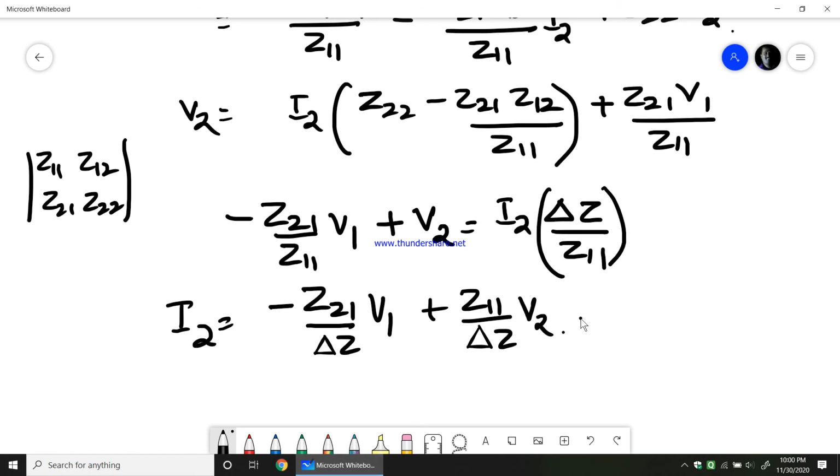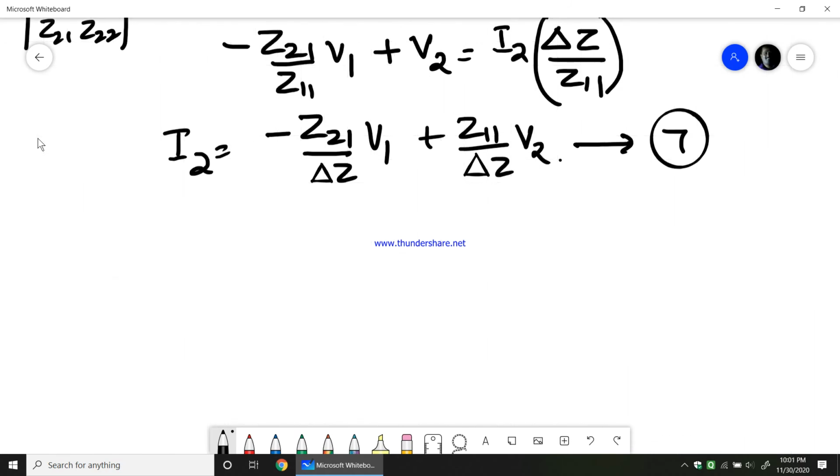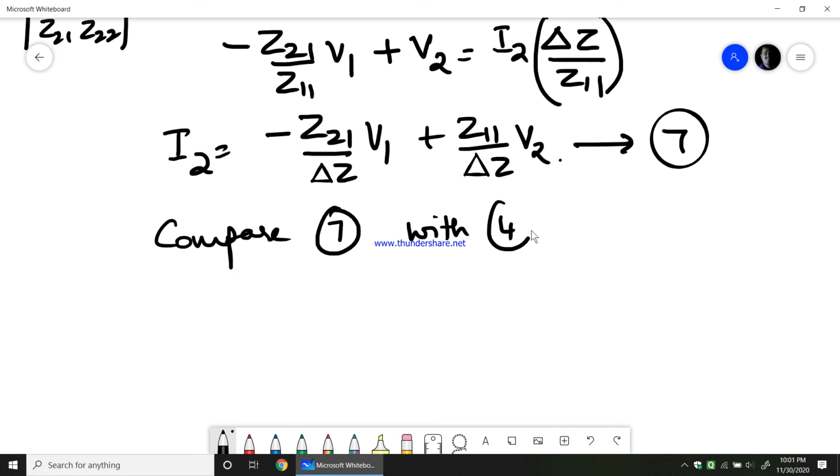Now I'll keep this as equation 7. Now compare the 7th equation with the 4th equation. What is 4? 4 is I2 equals Y21 V1 plus Y22 V2.